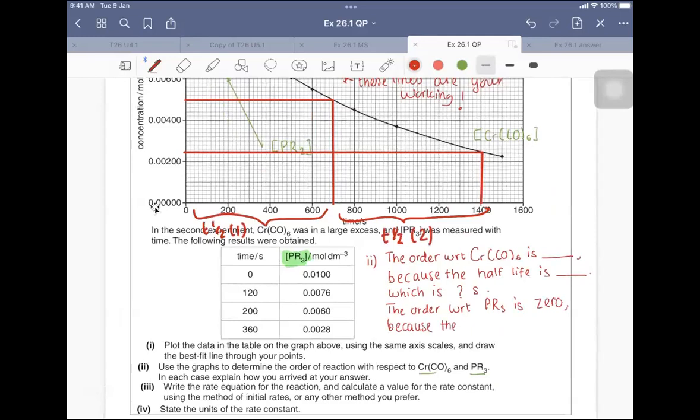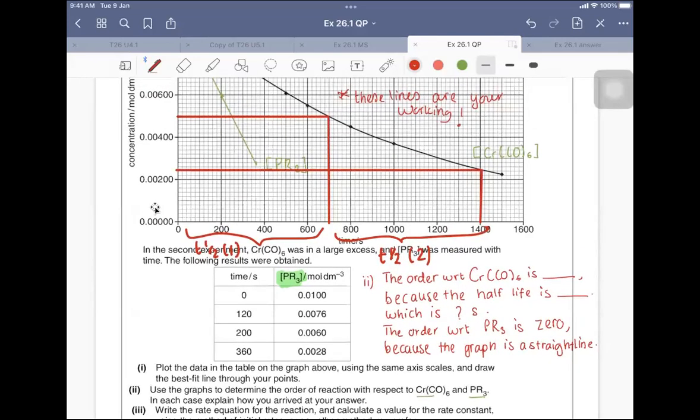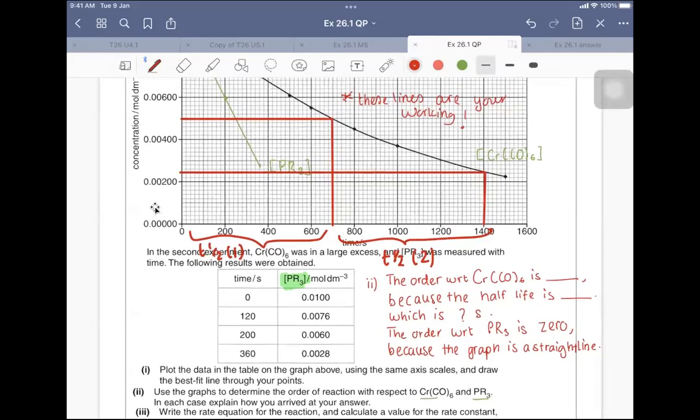That's it. Done. So you can pause the video here if you need to work on reading off your graph to find the two successive half-life values.